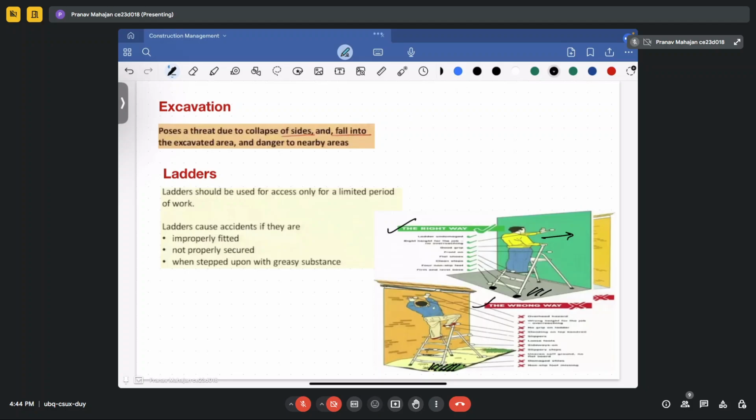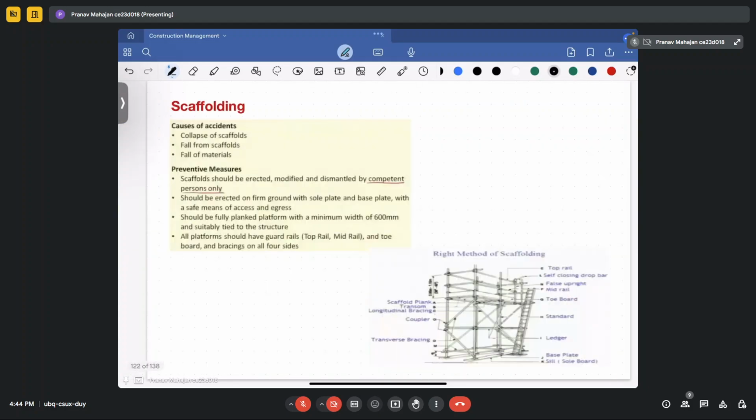Okay, so it is up to the worker involved at a particular site to look at how he can minimize such errors, which will lead to minimizing such accident events at any particular site.